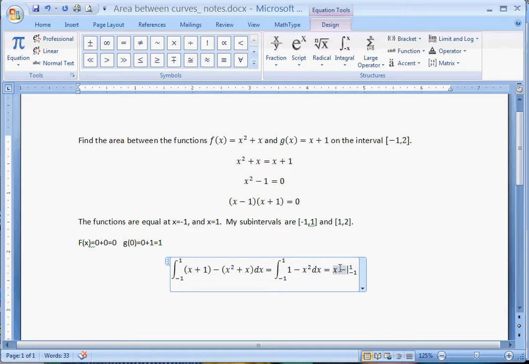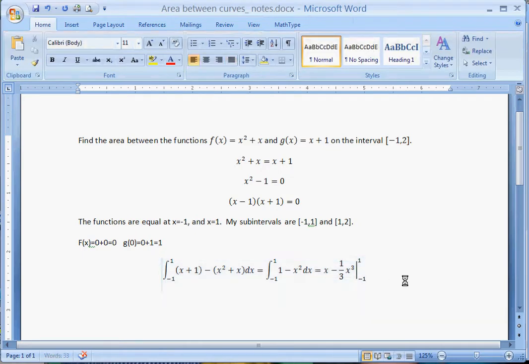X squared, I need to raise the power by 1 to integrate, so x to the third. Now if you took the derivative of x to the third, you'd get 3x squared. And so you remember our rule is that we put a 1/3 out in front. So 1/3 x cubed is the integral of x squared.